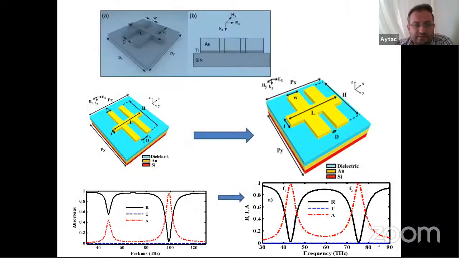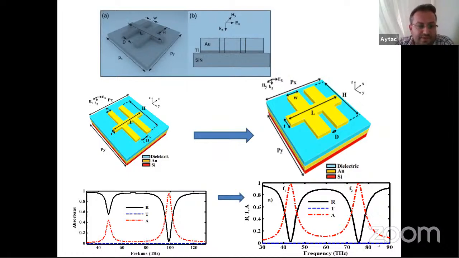And this is our perfect absorber model. Firstly, this is the large H, or we can say big H, because this H model was first presented by Erdem et al. for a nanoantenna model, and we also studied it for making a perfect absorber model, but it had only one resonance frequency.